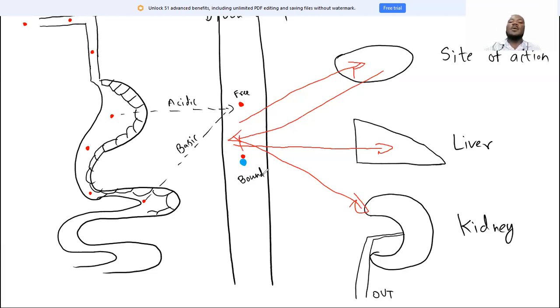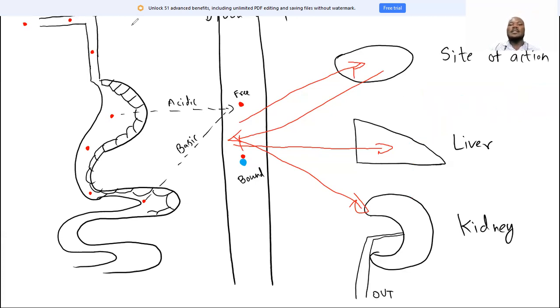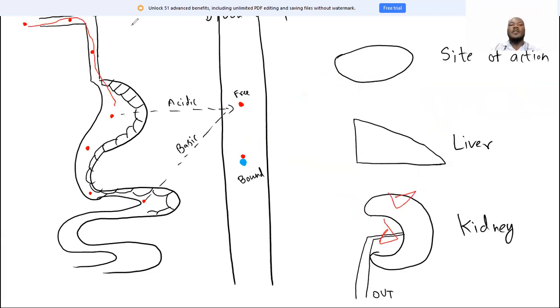This inactive metabolite is polar, so it will be excreted via the kidney, and it will not be able to cause the pharmacological effect, because the metabolite is inactive. So this is all about the first phenomenon, where we can see the active drug converted into the inactive form. We can proceed from here.